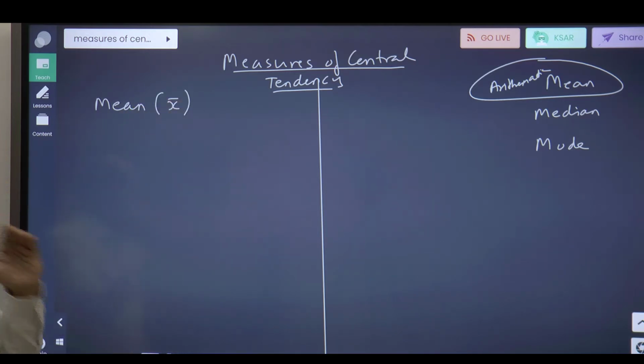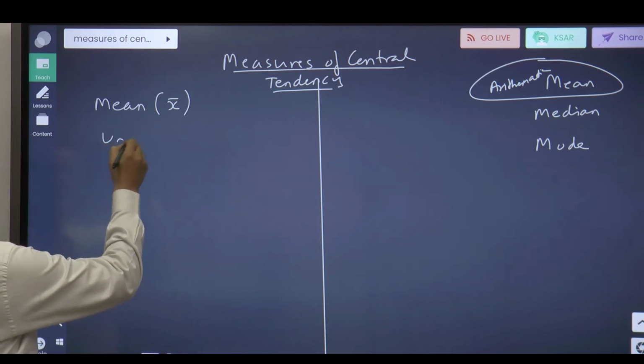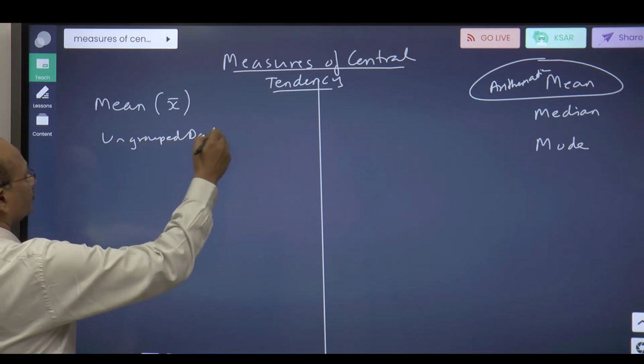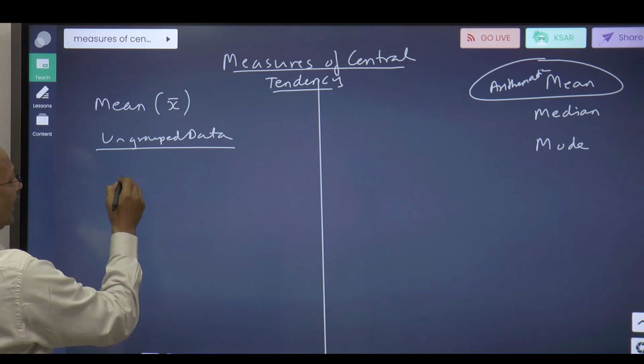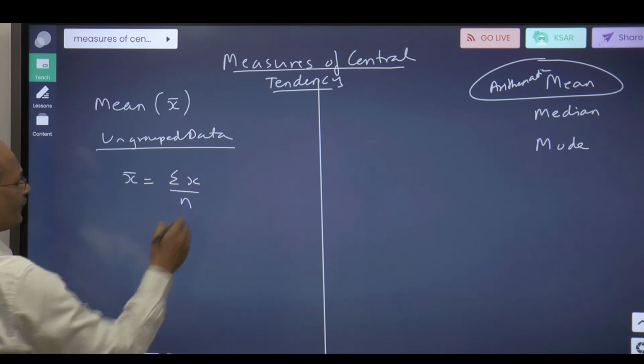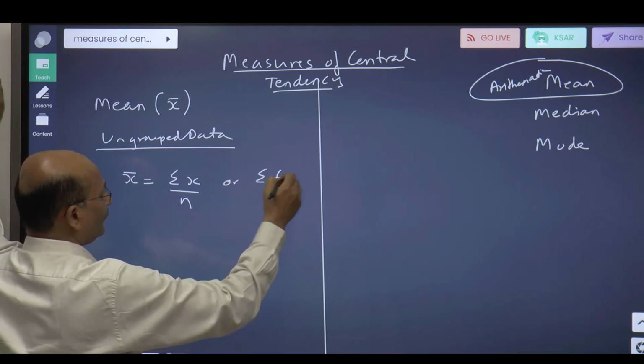Now, remember there are two formulas here. First, I am talking about ungrouped data. In ungrouped data, x bar is the sum of all items upon the number of items, or it is the sum of fx upon the sum of f.